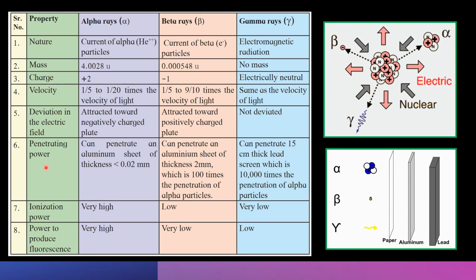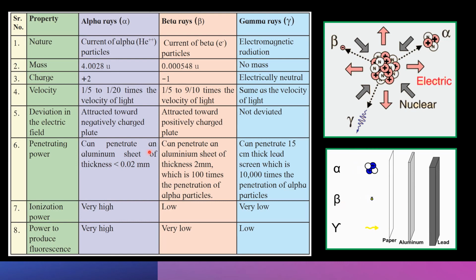Then let us look at the penetrating property. Penetrating means traveling through some substance. As you can see, we have taken sheets of paper, aluminium and lead. Alpha has a very low penetrating property. It cannot pass through thick material; it needs a thickness of less than 0.2 millimeter, only then can it penetrate. The penetrating power of alpha rays is low.